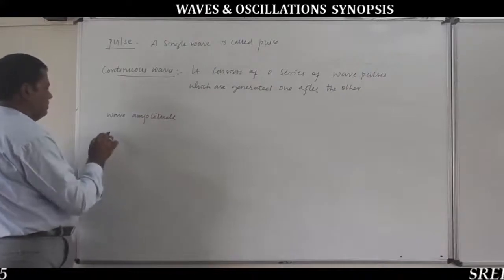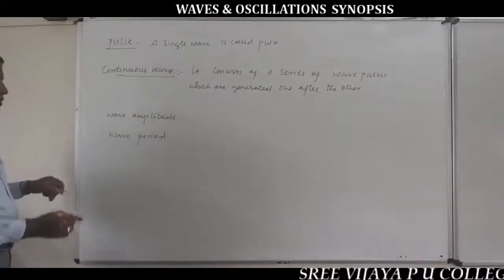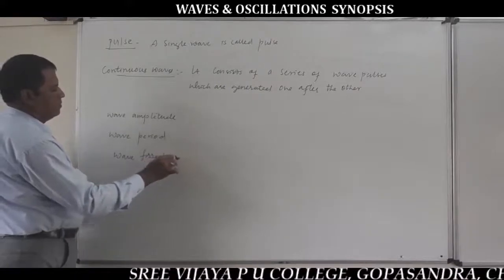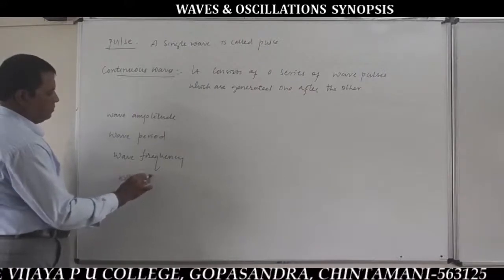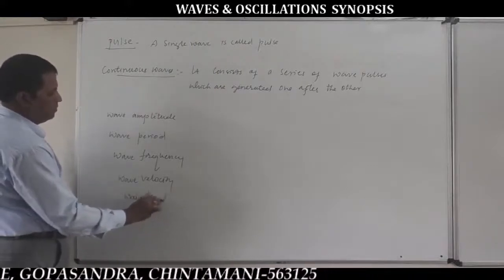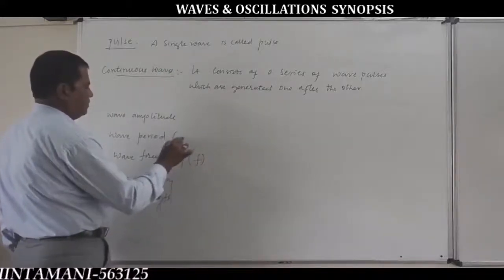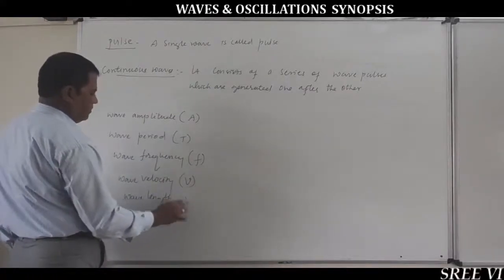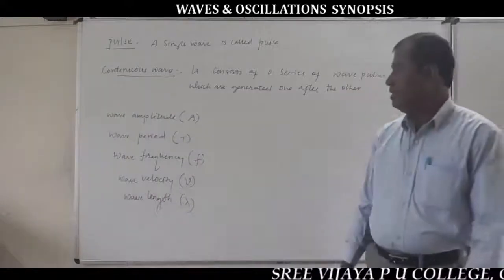Wave amplitude, wave period, wave frequency, wave velocity, wavelength. So these are a few terms which are associated with waves, whether it is a longitudinal wave or a transverse wave.